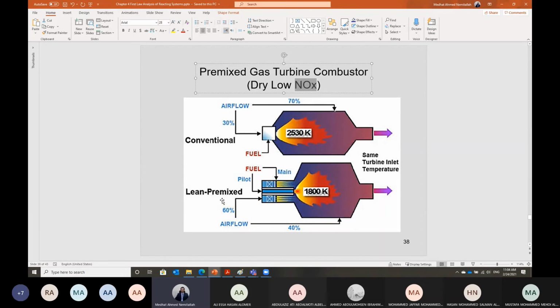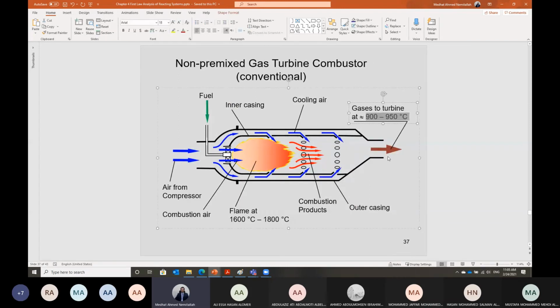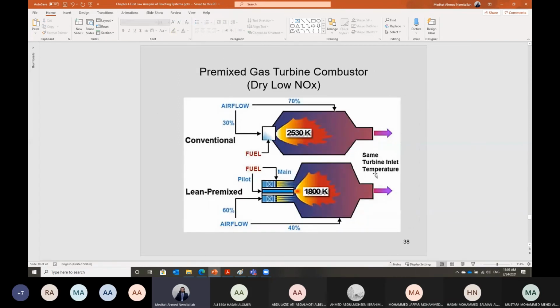But look here, in the case of lean pre-mixed, low temperature combustion, we take about 60% of the air inside the combustion chamber to perform the combustion process, and that should be excess air. So it will lower the combustion temperature in this case. And only 40% comes around the combustion chamber from the liner, also to reduce the temperature, because as I told you, the temperature at the end should be around 1000 degrees C.